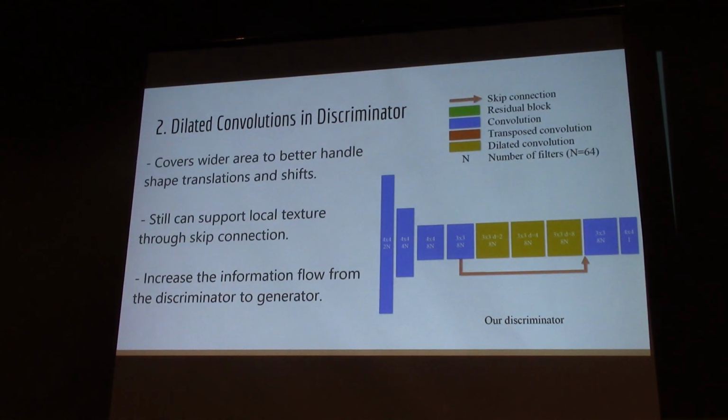Our discriminator now looks like this on the right-hand side. We have some regular blocks, but then we introduce these dilated convolutional blocks. To make sure that we still carry some of that local texture through the discriminator, we have a skip connection that passes that information along, and that's concatenated at the end where the discriminator then makes a decision.